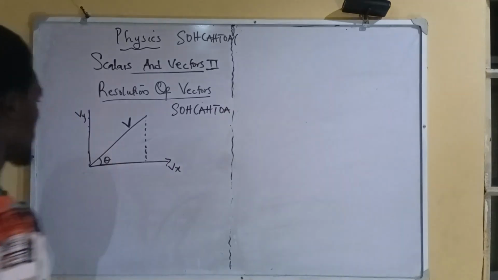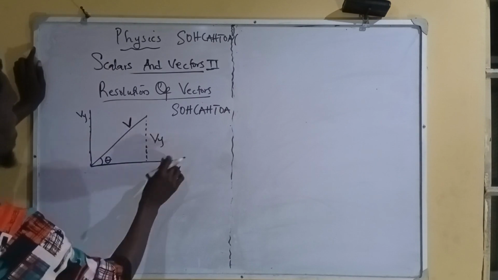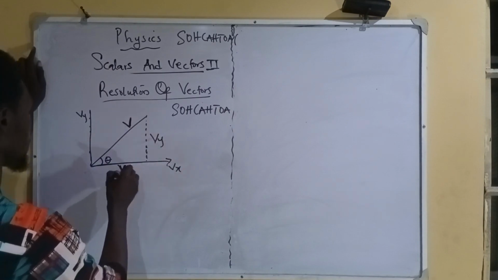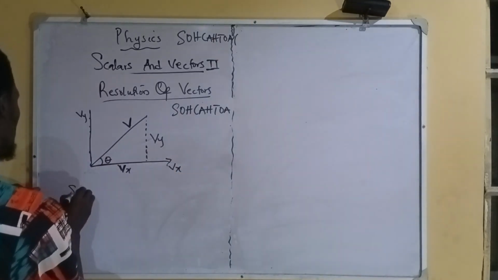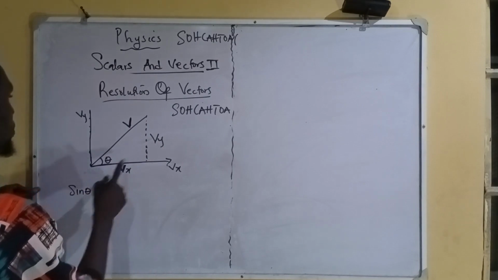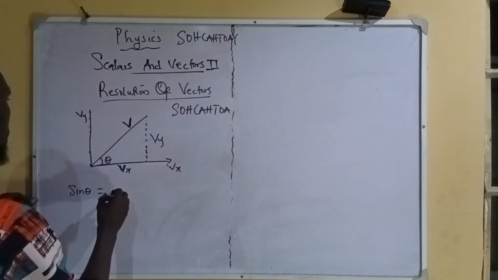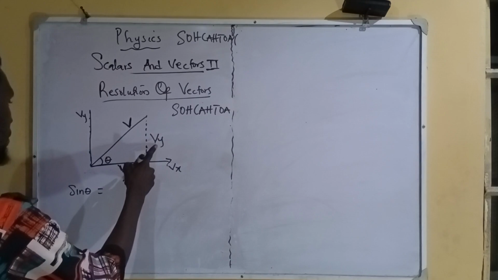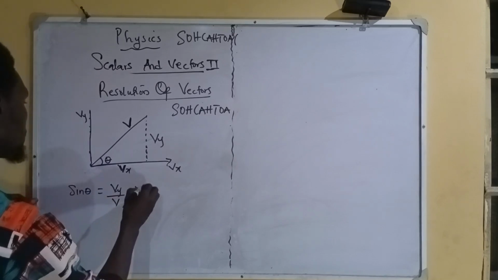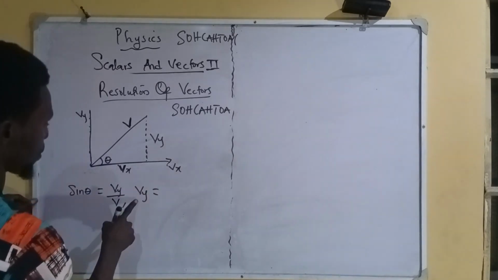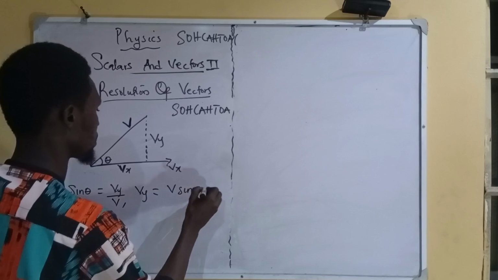So what we have in here is that for the vertical component, this is Vy, our vertical component. For the horizontal component, you have sine theta equals to, what do you have here? Vy over V, and that's to say the vertical component will be V sine theta.